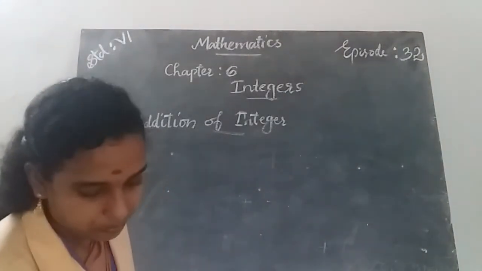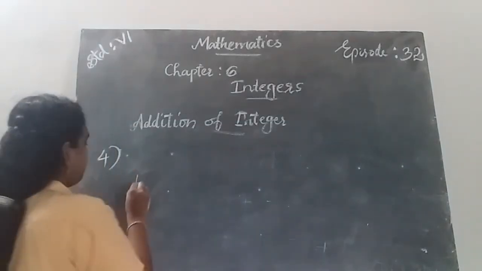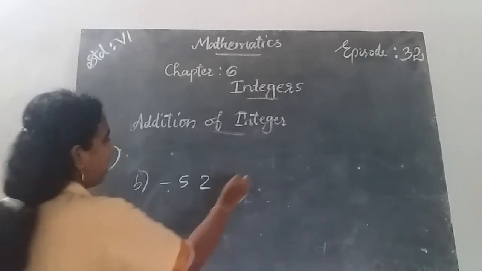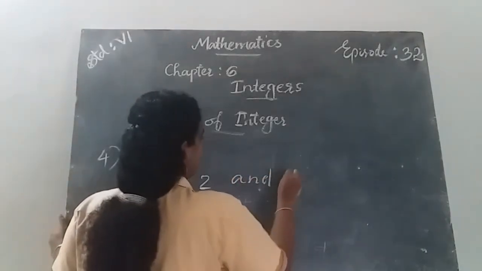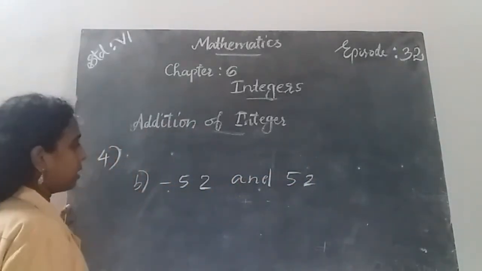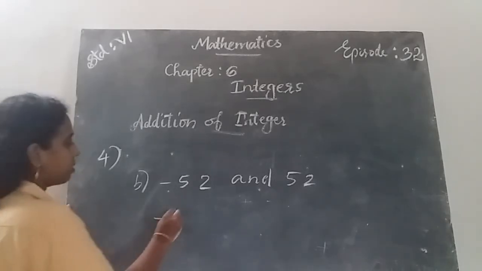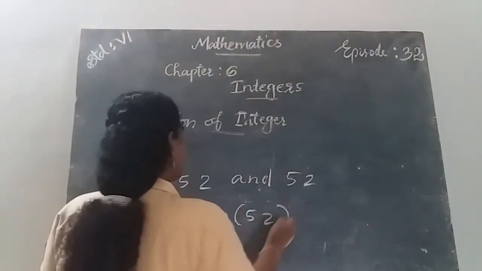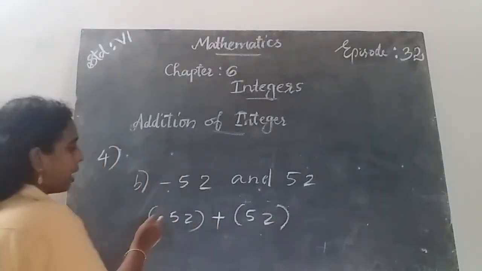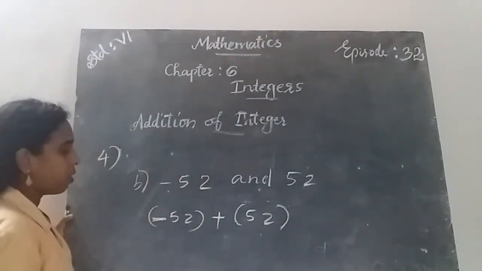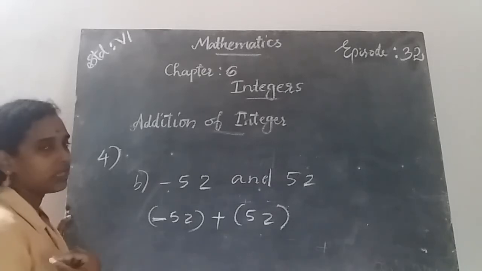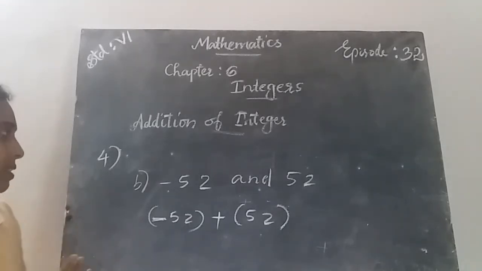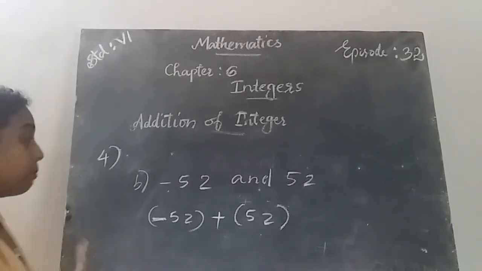Next question. Negative 52 and positive 52. Okay, we want to find the sum. So negative 52 plus positive 52. For the addition of a negative integer and a positive integer, we subtract the numbers, then take the sign of the biggest number.